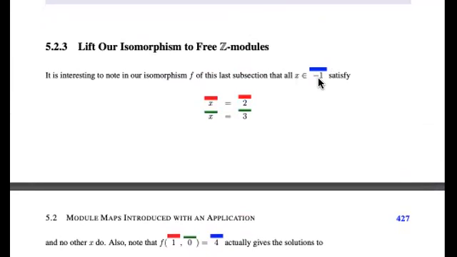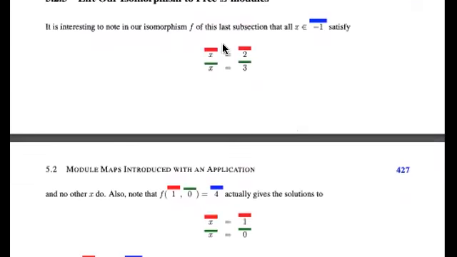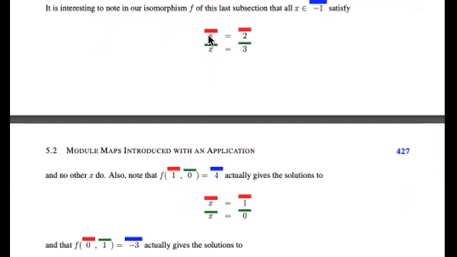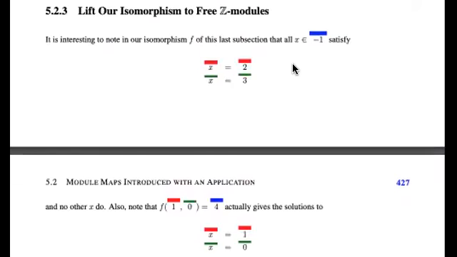Basically everything that's one less than a multiple of 12 will satisfy this. It'll be 2 mod 3. Think about 11 itself: it's 2 more than 9, so that works. And 3 more than a multiple of 4, and indeed it's 3 more than 8. But not just 11, any x in here will satisfy this.